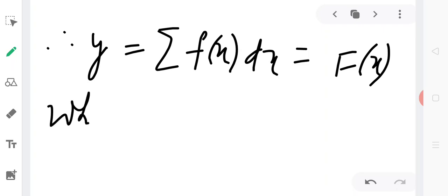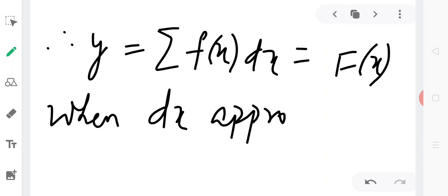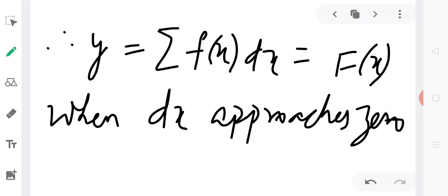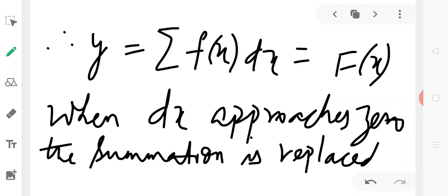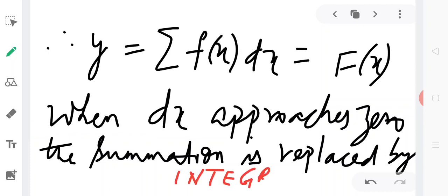Now when dx approaches 0, the summation is replaced by integral.